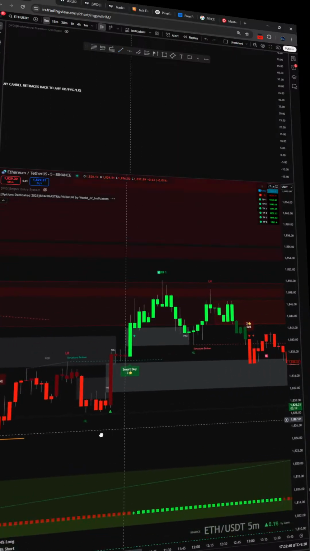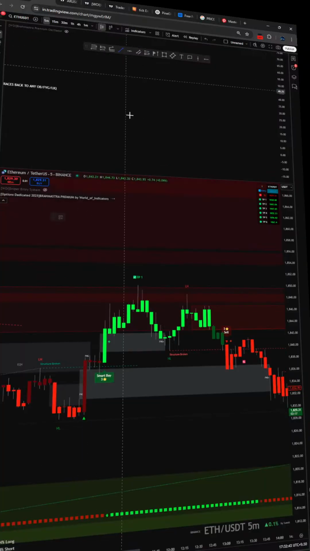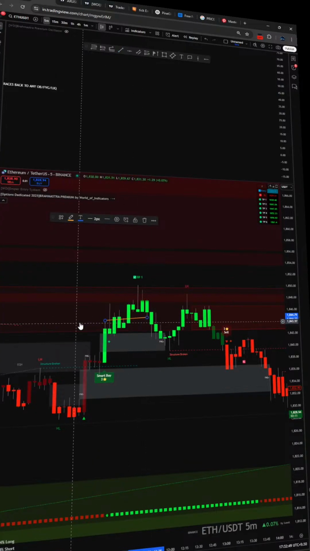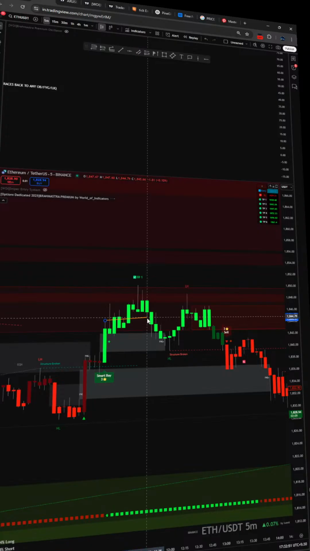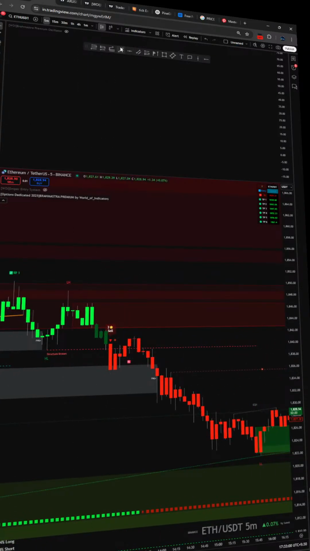Same here. Always enter on the high of the candle. Rejected, not. Here you can see, enter on the high of the candle. Enter above the high of the candle.